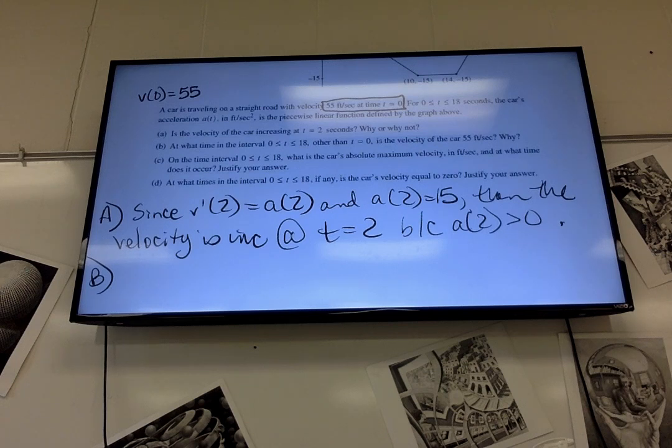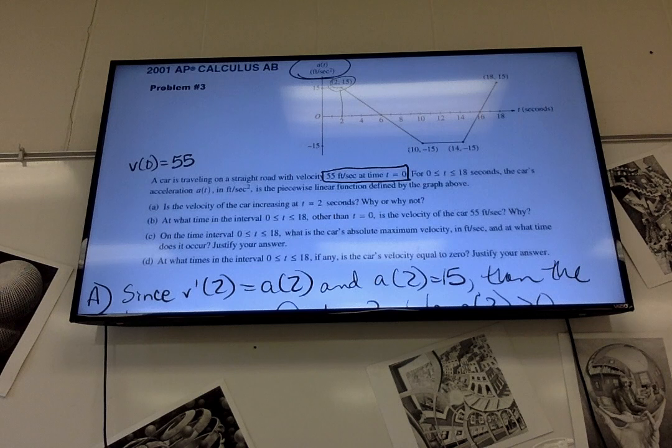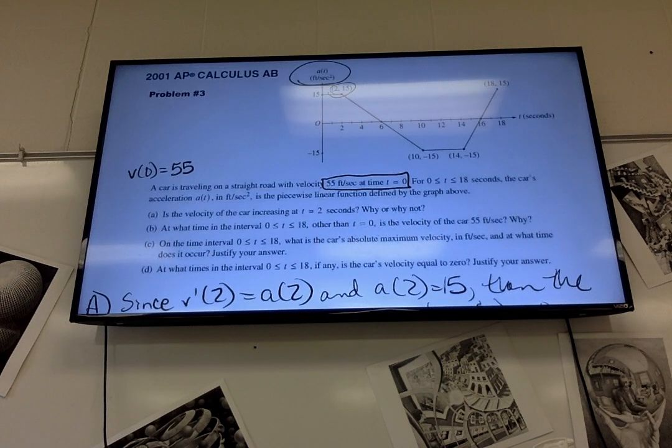B. At what time in the interval 0 to 18, other than t equals 0, is the velocity of the car 55 feet per second, and why? Okay, so maybe other than 0, so 18, that's at the beginning.